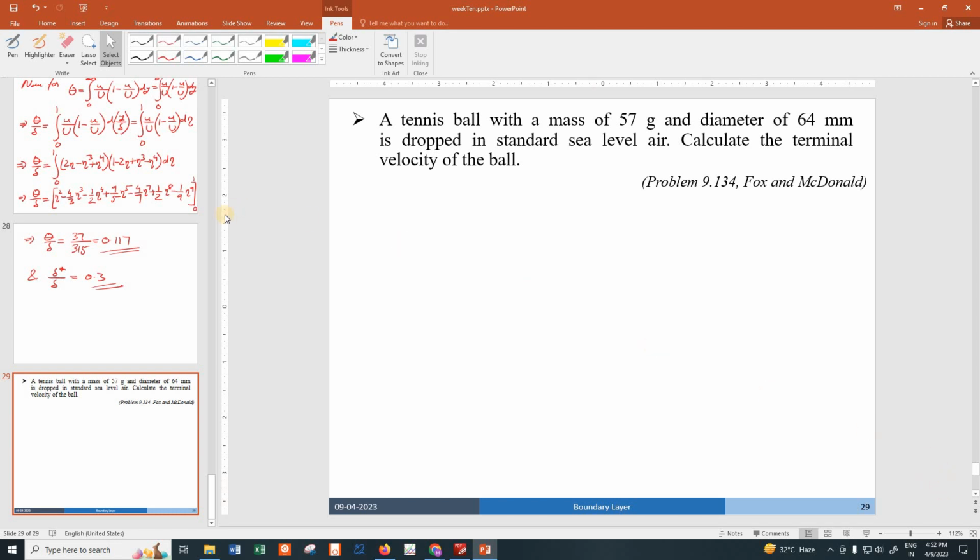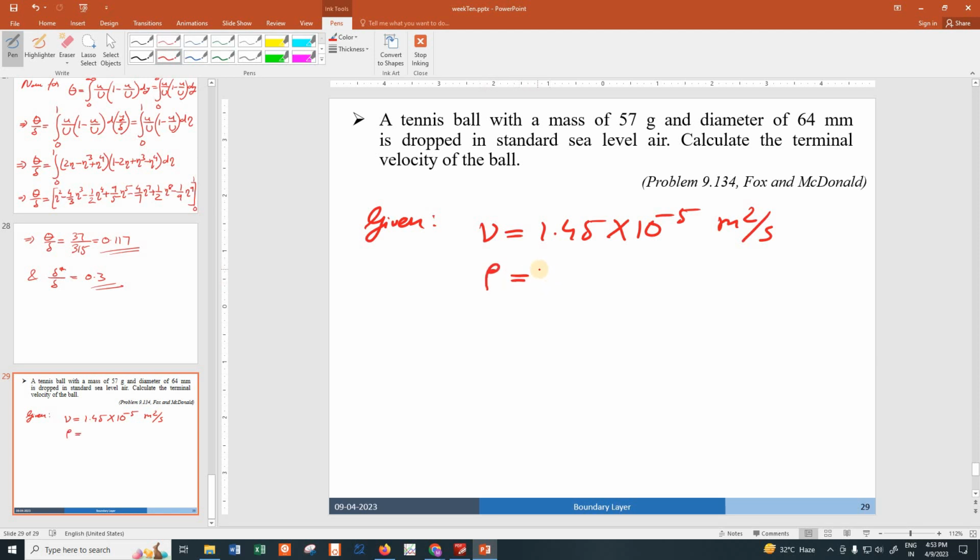At standard sea level, so we have STP, the kinematic viscosity of air is given as 1.45 into 10 to the power minus 5 meters squared per second, and the density of air is 1.23 kg per meter cube.